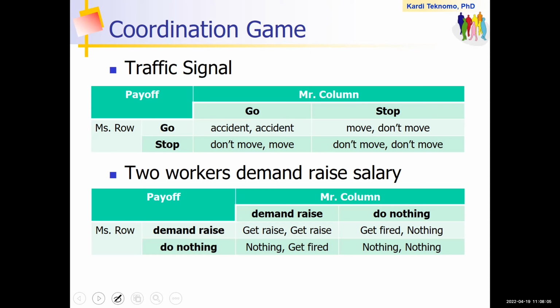So this is a coordination game. Look at the situation, then you will know what kind of game it is. We introduce various kinds of games and keep names so that we can easily distinguish them, and you will know, oh, this is actually a hawk and dove game, or this is a coordination game, or this situation is actually a prisoner's dilemma game, and so on.